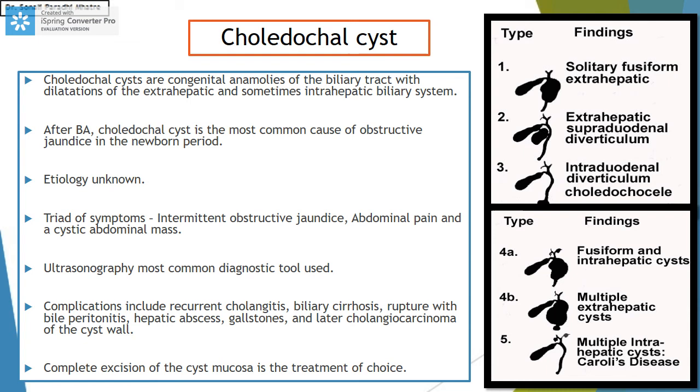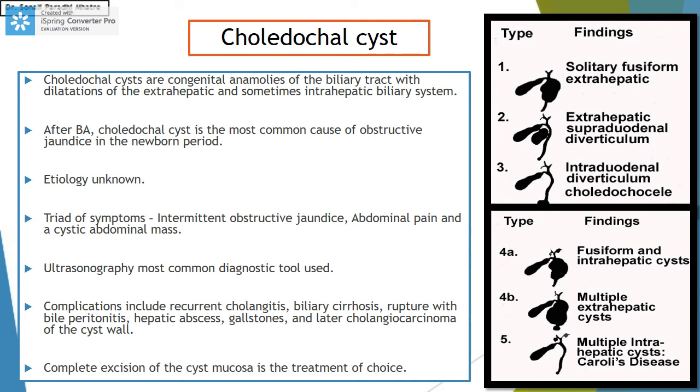So any mass on the right side can be hepatomegaly, but that is very less likely, and more commonly it can be a choledochal cyst. Ultrasonography is the most commonly used diagnostic tool for choledochal cyst.